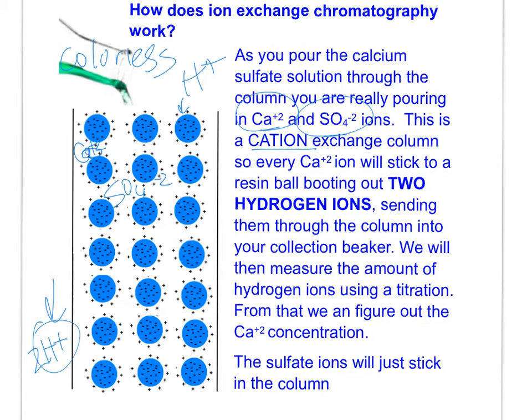From that point, we can quantitatively determine the moles of those H+, and then figure out the moles of calcium 2+, because we know that 2-to-1 ratio. So that is the next part of the lab. Once we do the column, we will then quantitatively figure out through a titration how many H+ came through. So let's talk about the start of the actual column work.